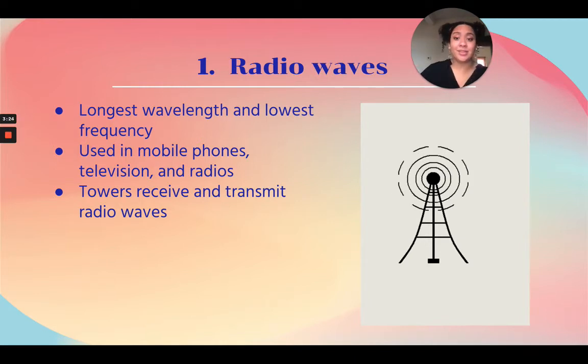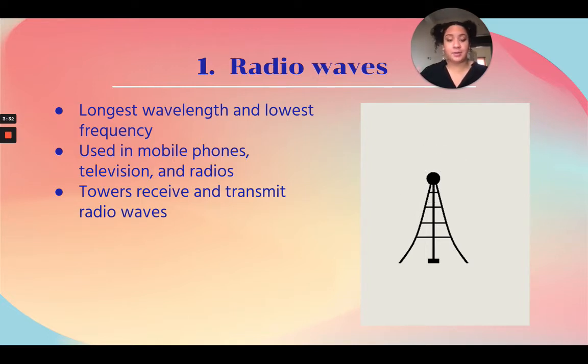How we pick those up is that the towers receive those radio waves and transmit them to the next thing. So something is being recorded, those waves are transmitted to the tower, and the tower transmits it to our TVs.